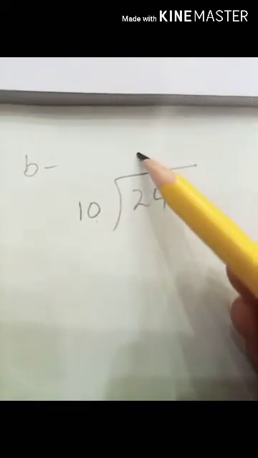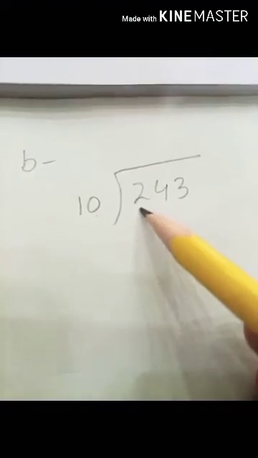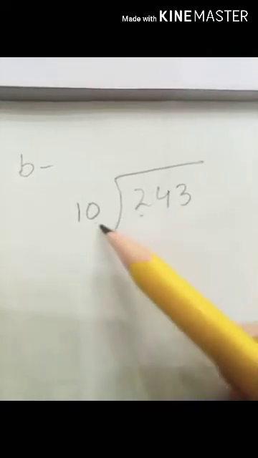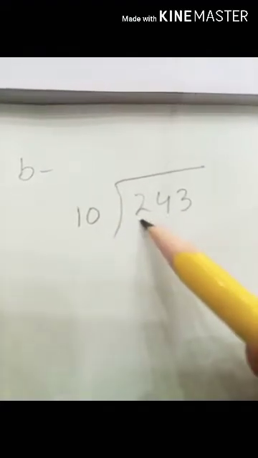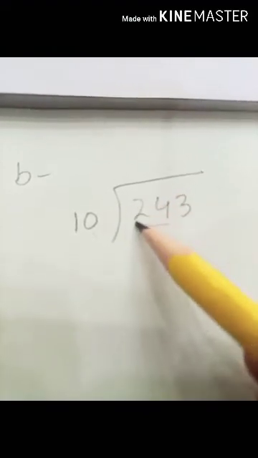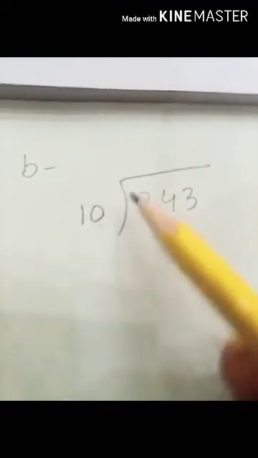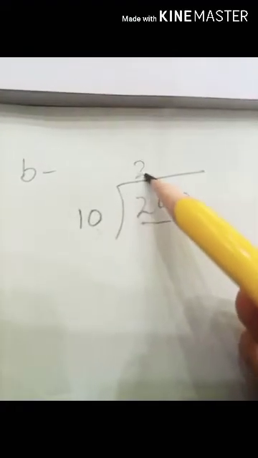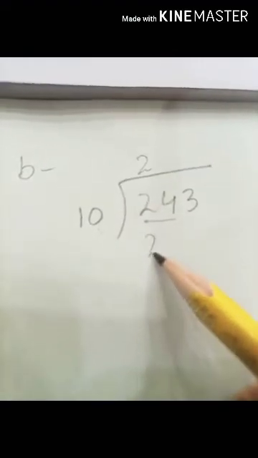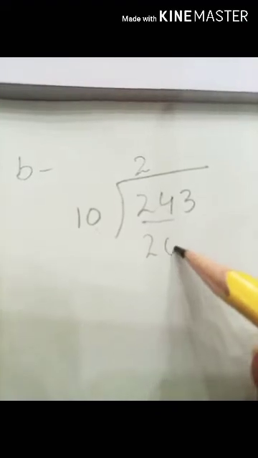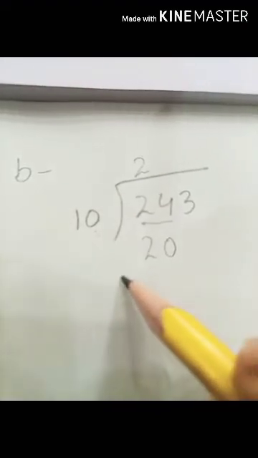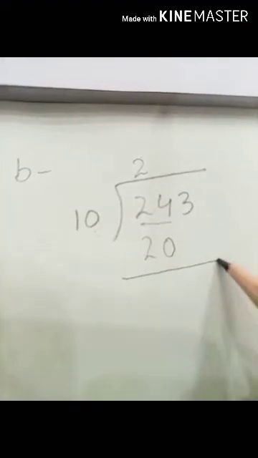This 2 is smaller than our divisor, so we are taking the pair, that will become 24. Let's read the table of 10 where we get 24. 10 2s are 20. So students, 20 is quite near to my dividend, so I am writing it. Tell me the next step. Yes, the next step is subtraction.